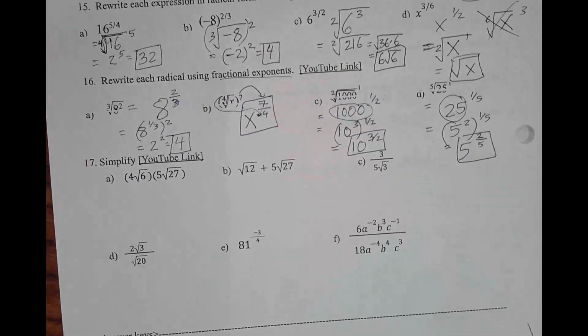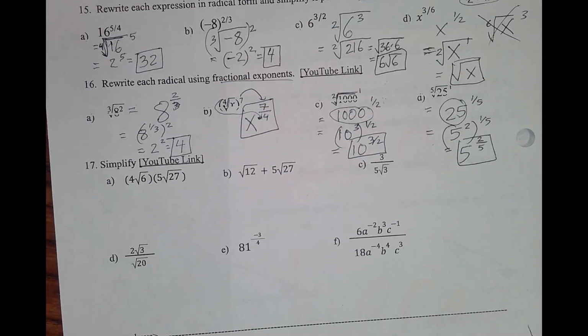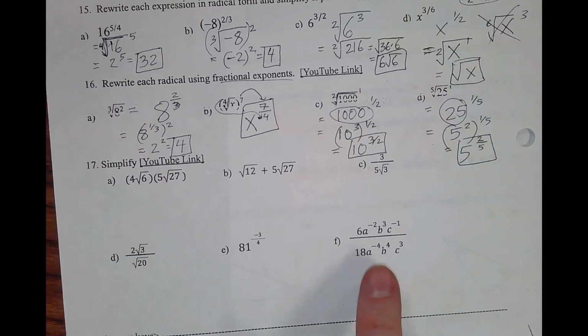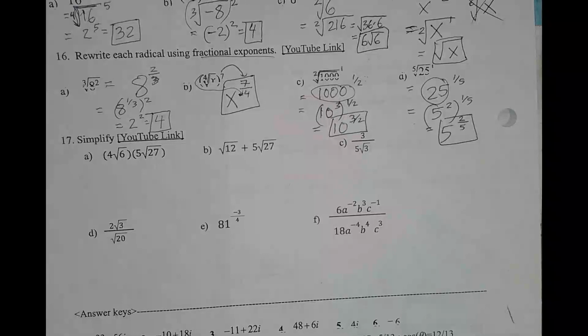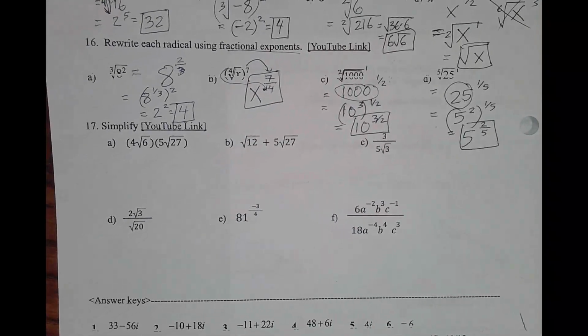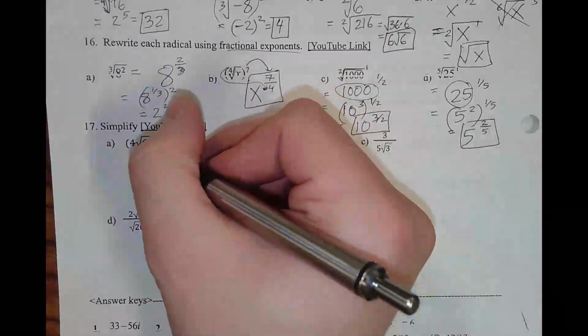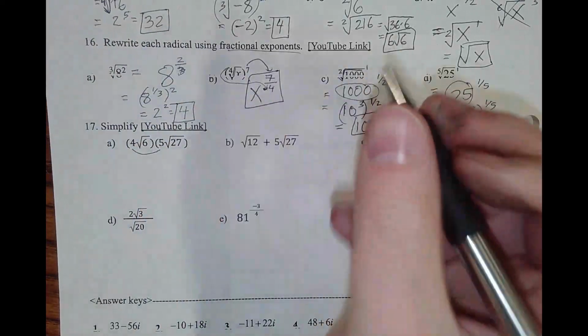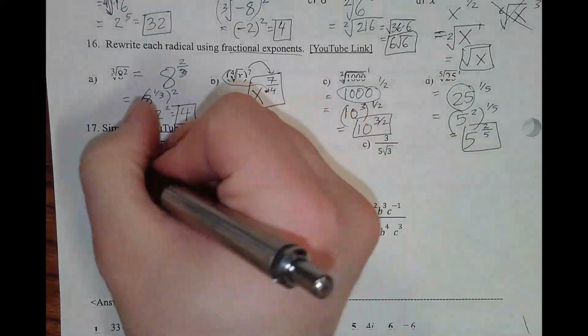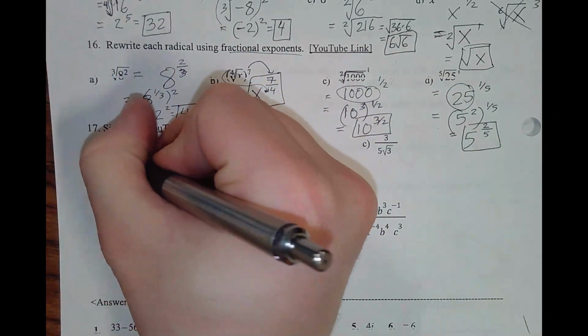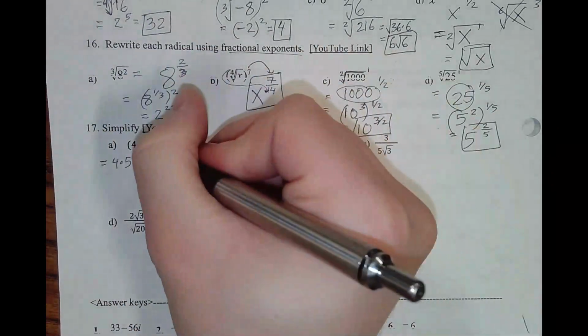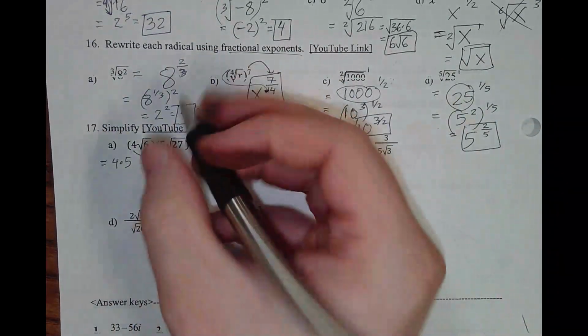Now number 17. Number 17 is involving a lot of simplifying radicals and also some exponents. So let's go ahead and complete number 17, A through F. For this one, I want to combine the 4 and 5. I can just rewrite it 4 times 5, and then group these two together as well.